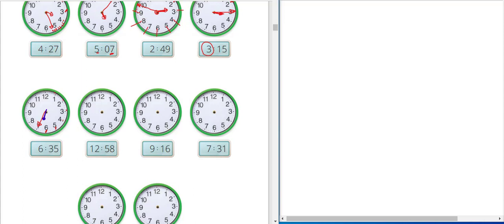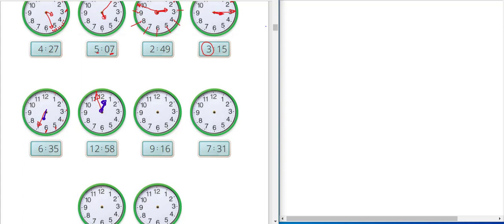So the minute hand points to this dash, and the hour hand is nearest to 1 because it has to move only 2 minutes to be 1 o'clock.